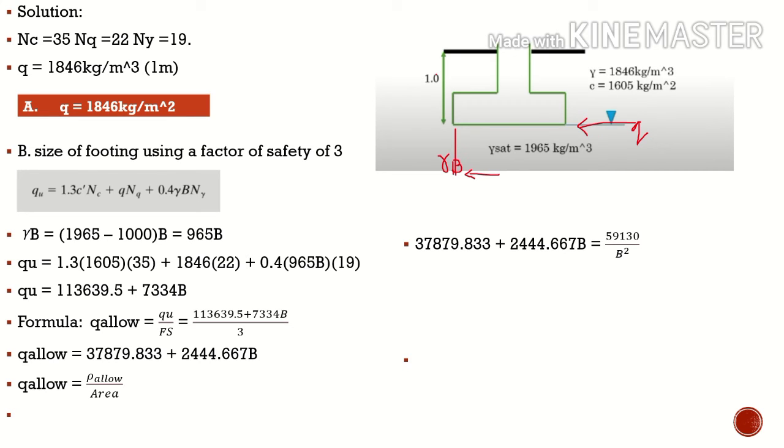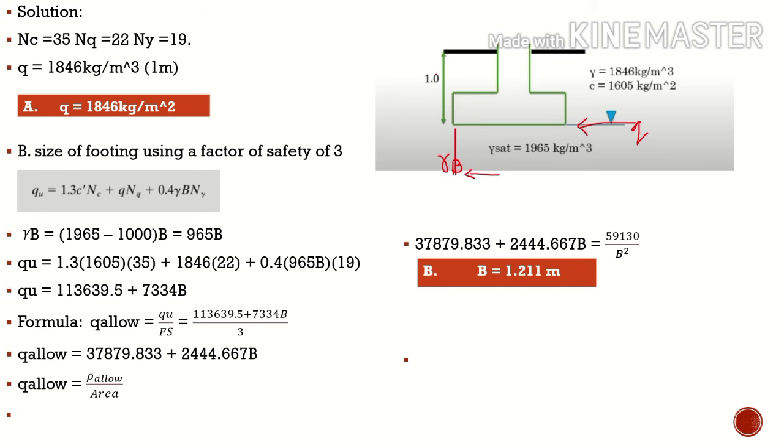Then shift solve to solve for B. Our B is equal to 1.211 meters. So the size of footing is 1.211 meters.